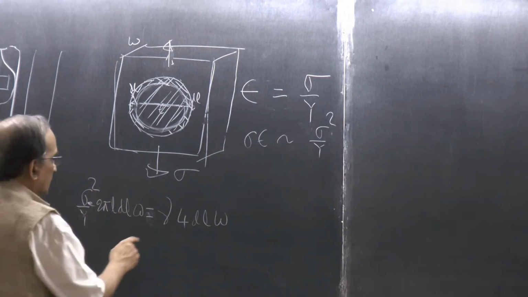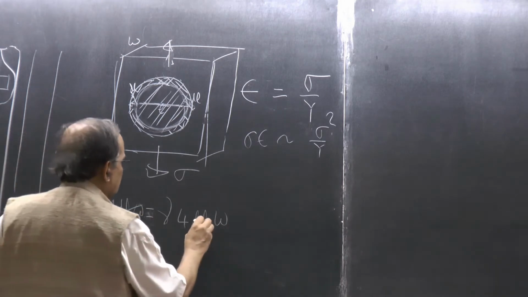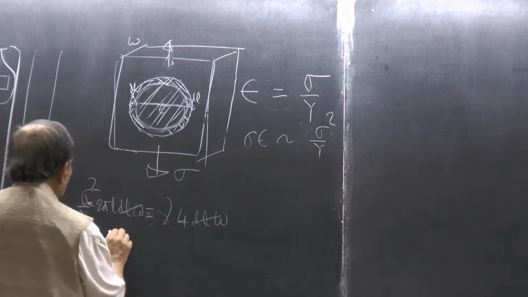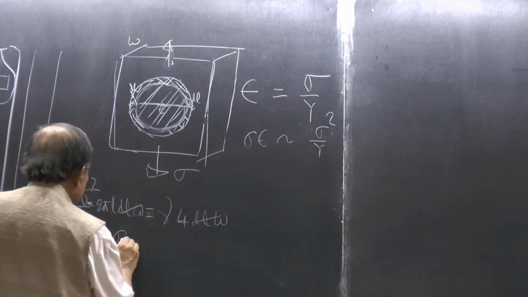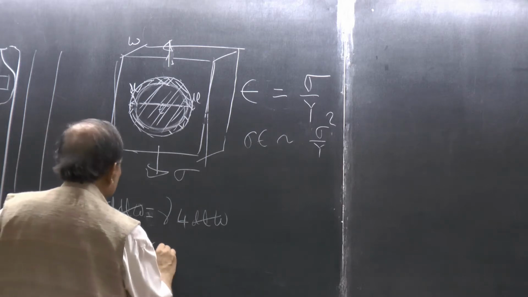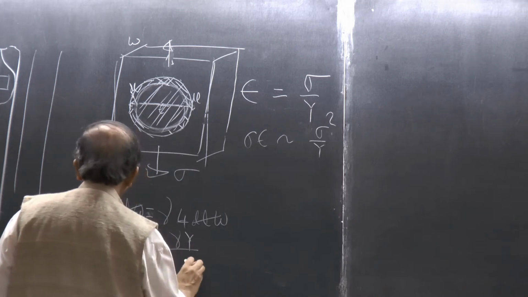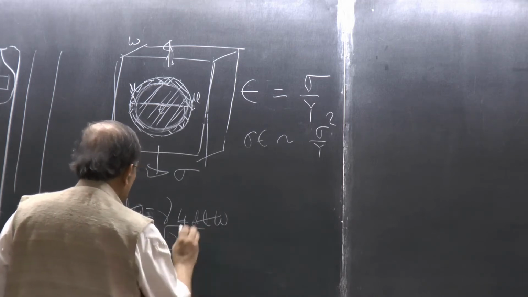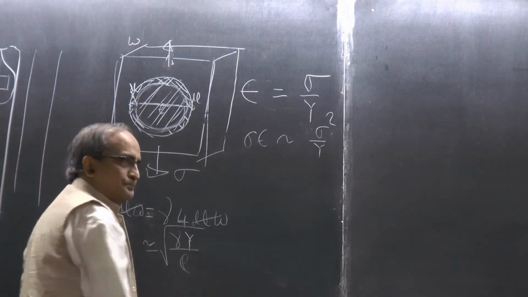These things are no longer there, you can forget the 4 and 2 pi etc. So sigma c square goes as surface energy density times modulus of elasticity by L, so sigma c goes as the square root of that.